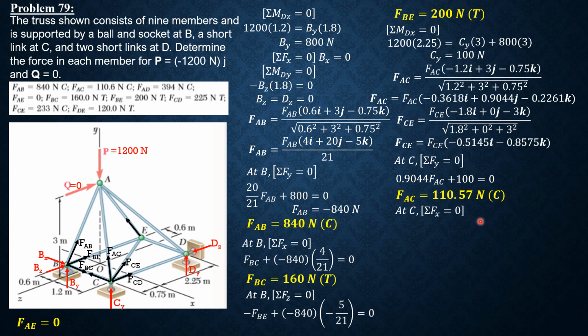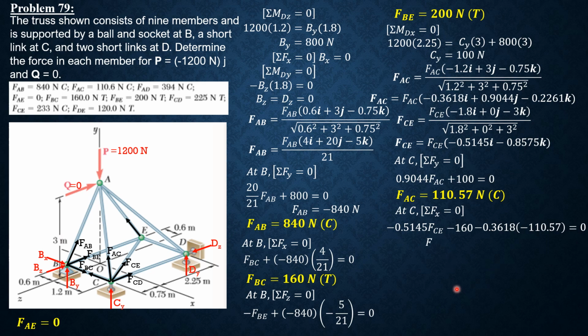Then summation of forces along X equals 0. So the X component of FCE is negative 0.5145 FCE, plus the X component of FAC, which is negative 110.57 times negative 0.3618, then minus FBC, which is 160, going to the left. So negative 0.5145 FCE, then minus 160, which is FBC, then plus negative 0.3618 times negative 110.57, equals 0.